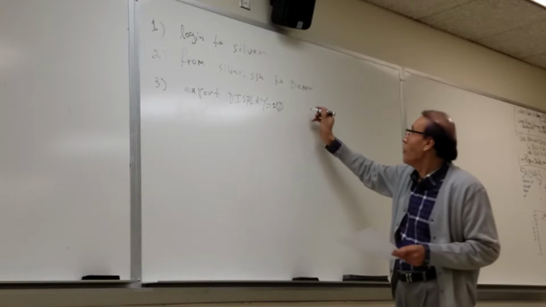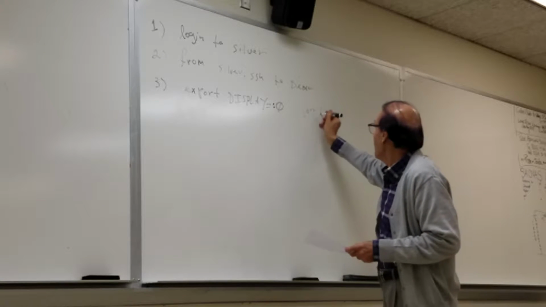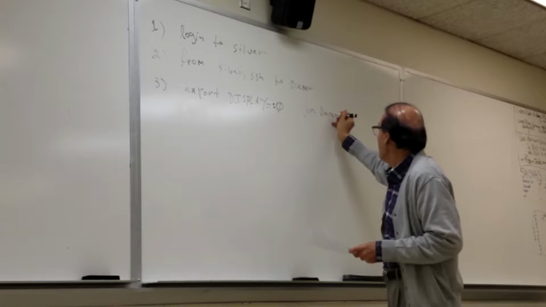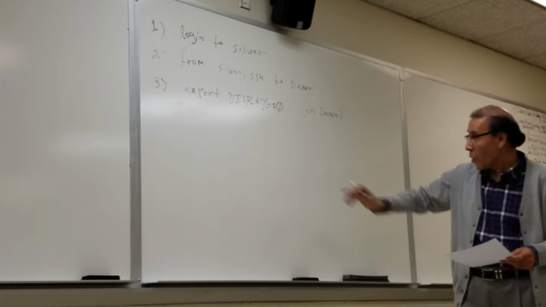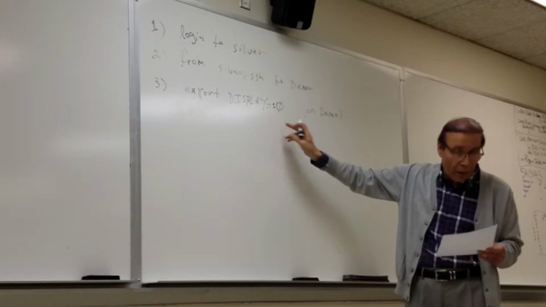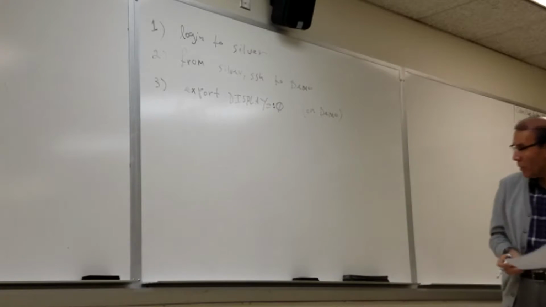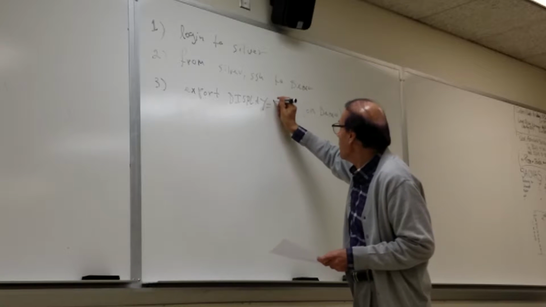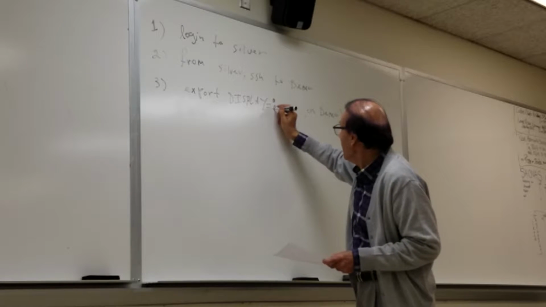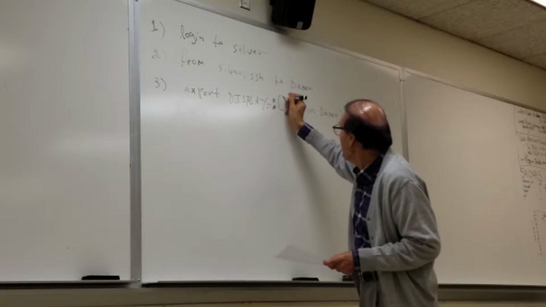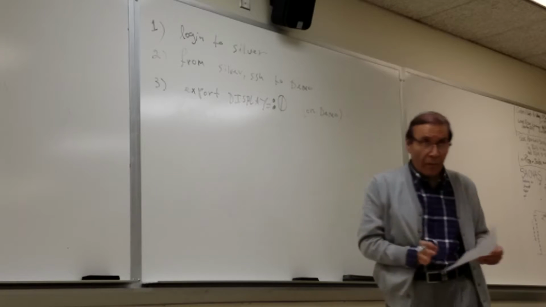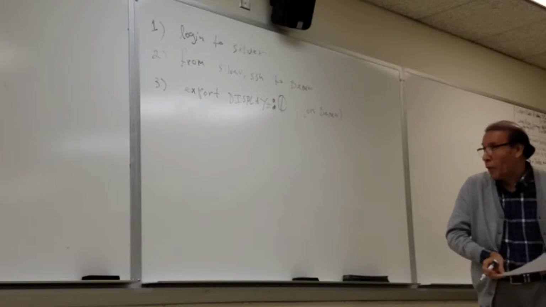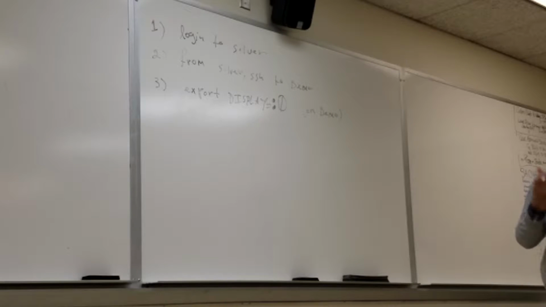Colon 0, 0. Doesn't it look like 0? It looks 0 to me, no? Maybe I can make it a bit bigger so that everybody can see it. Can everybody see that now?